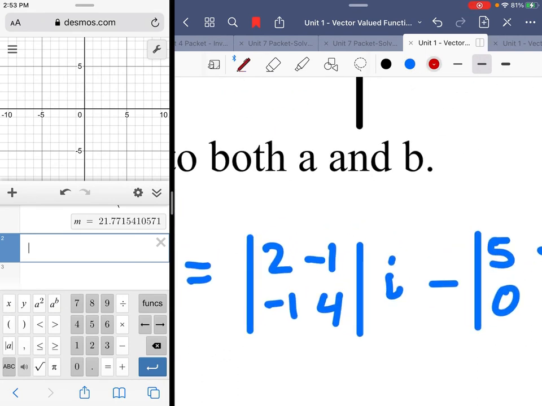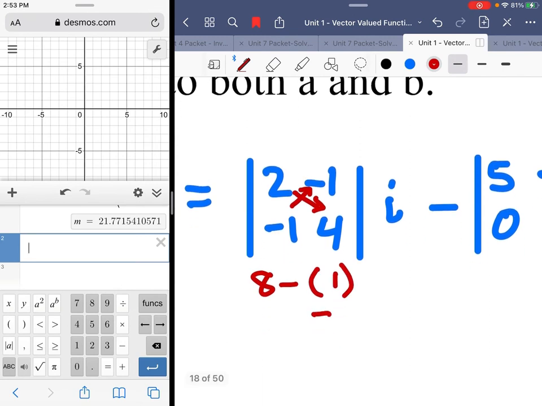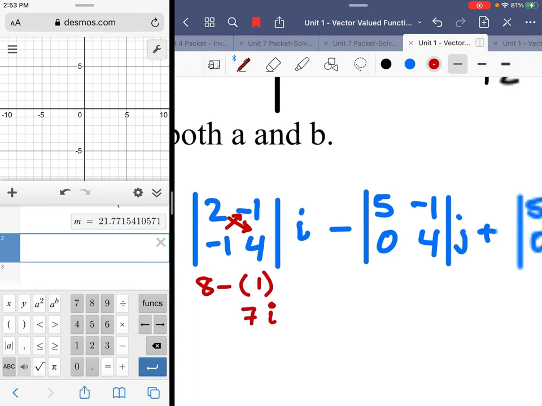Diagonal down minus diagonal up, specifically in that order. All right, so 2 times 4 is 8, minus diagonal down minus diagonal up. So 8 minus -1 times -1 is +1, so we're looking at 7I. Diagonal down, 20.